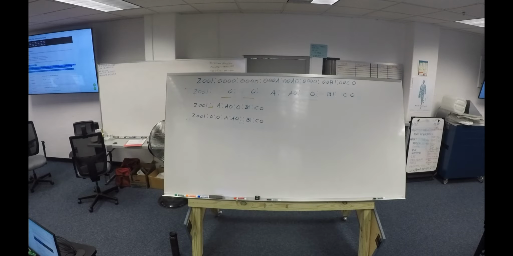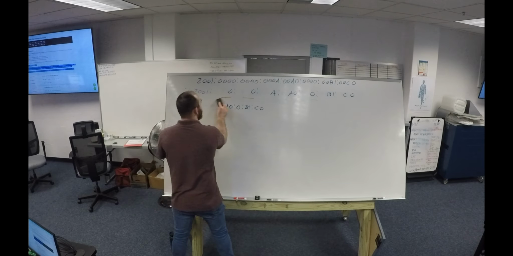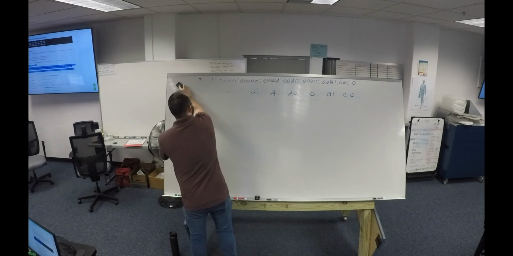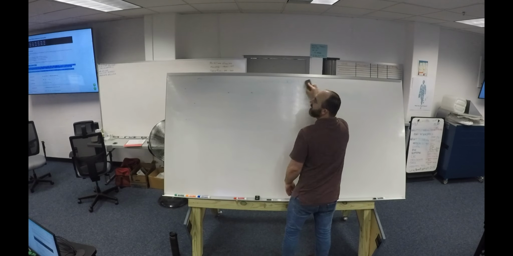Double colon can only be once. Every IPv6 address, the double colon, you can only use that once. And let's see why, because these questions will all be answered with more examples.